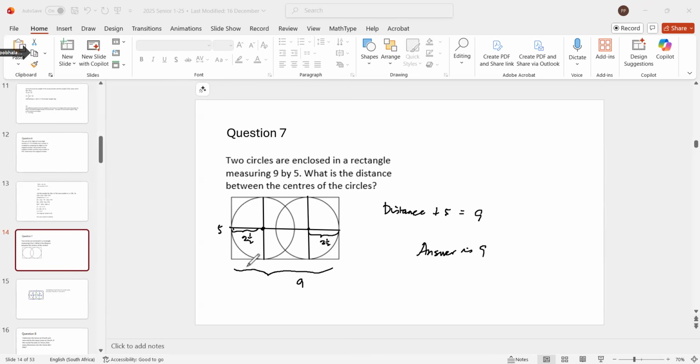This whole line here is equal to 9, you see. So this is the only unknown in between, the distance between these two. If you call that x, you'll see x plus 2.5 plus 2.5 is 9. All right, so that is the solution to that problem.